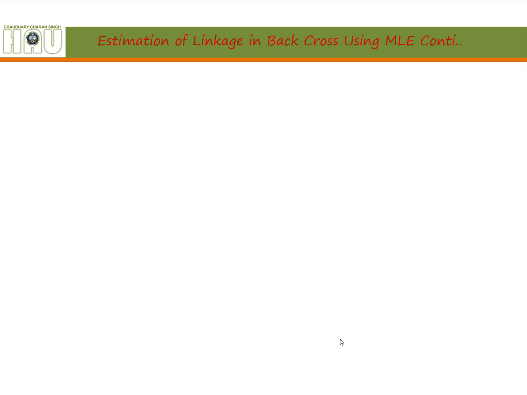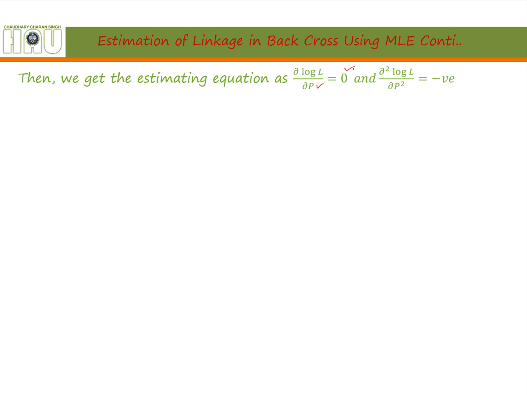We take the log of the likelihood function in order to simplify the computation. Then we get the estimating equation by differentiating the log likelihood function: curly log L over curly P, equated to 0.